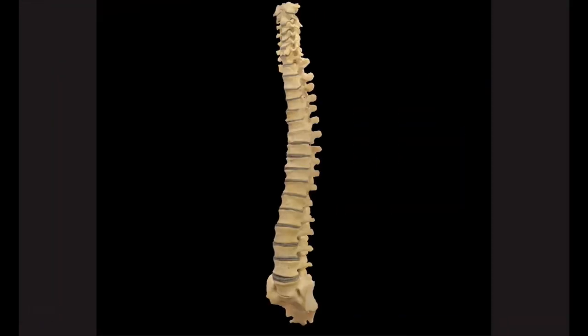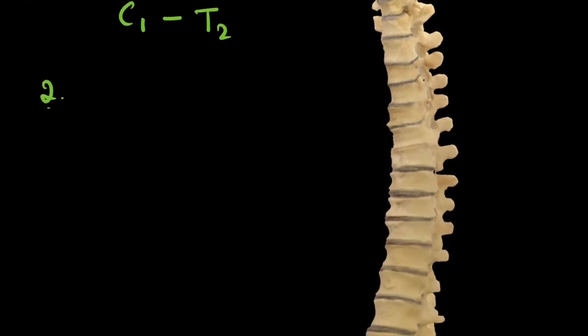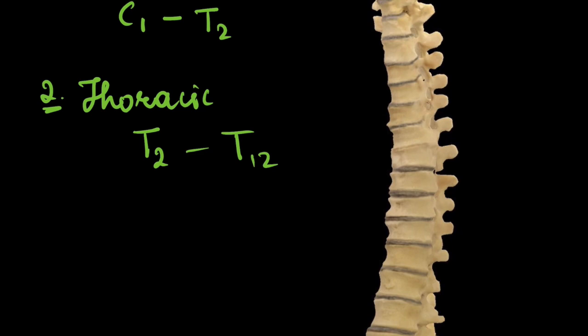So now we will go to curves. What are curves? There are 4 types of curves. First, cervical, which is from C1 to the second thoracic vertebra. Then second, we have the thoracic curve, which is from the second thoracic vertebra to the 12th thoracic vertebra.